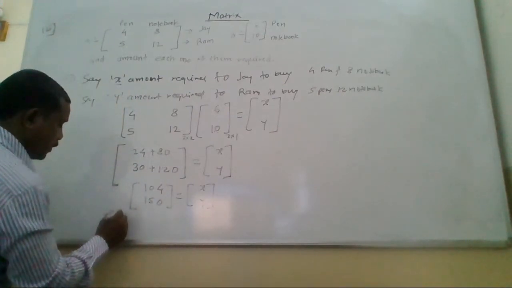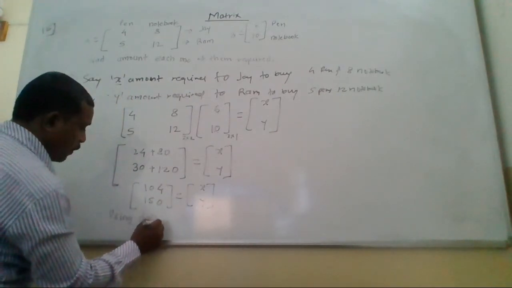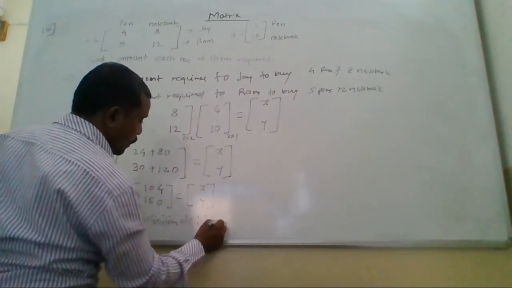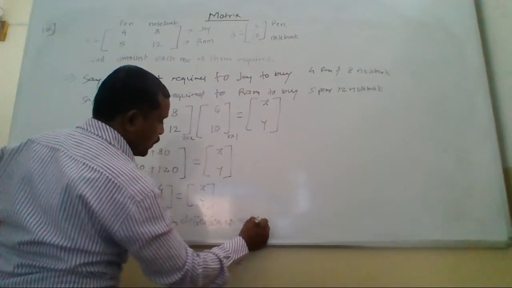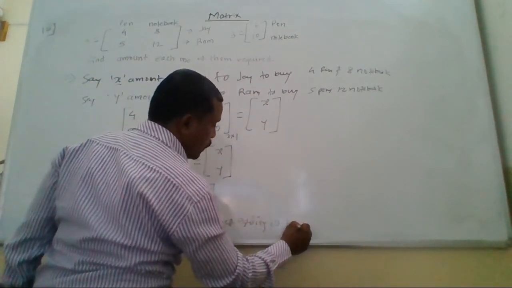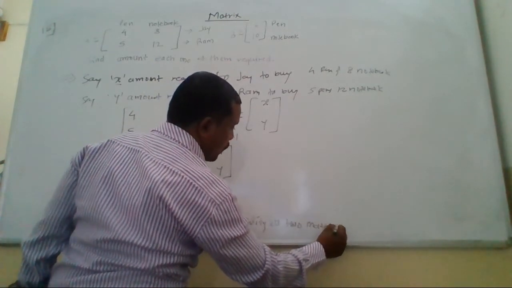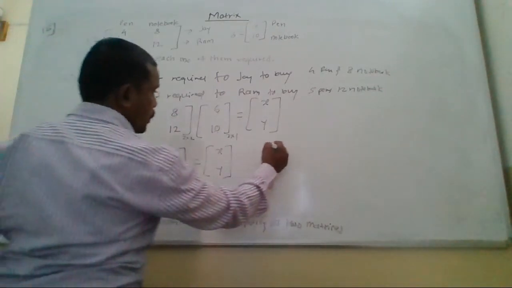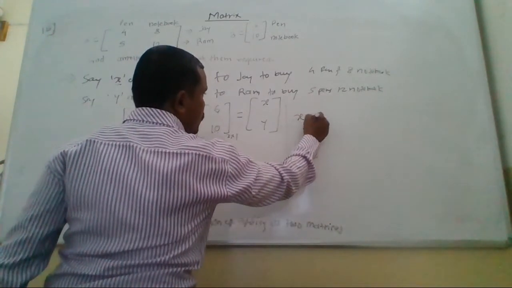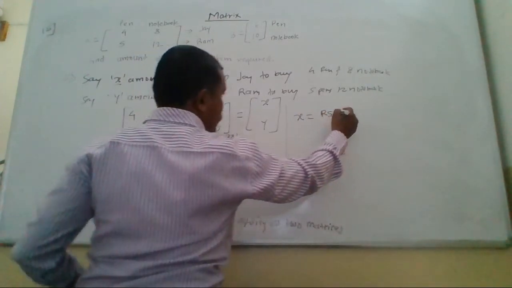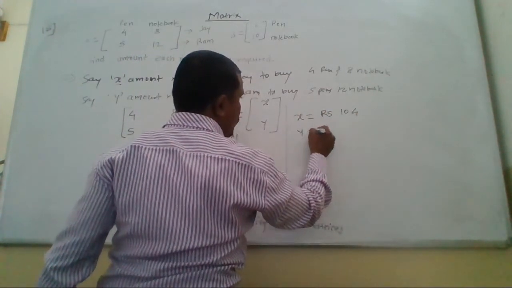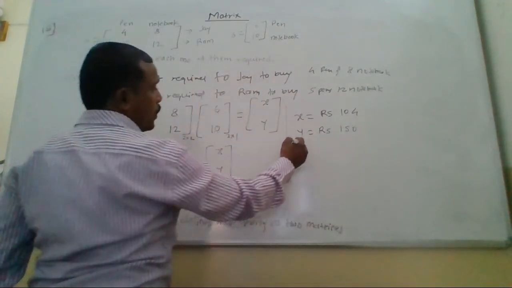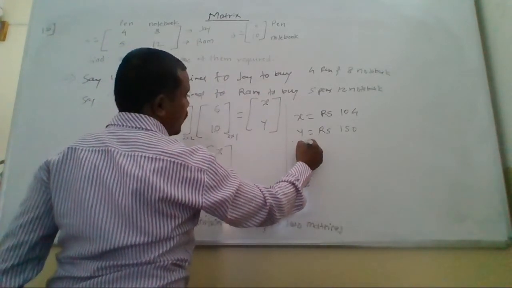So using definition of equality of two matrices, X is equal to Rs 104 and Y is equal to rupees 150.